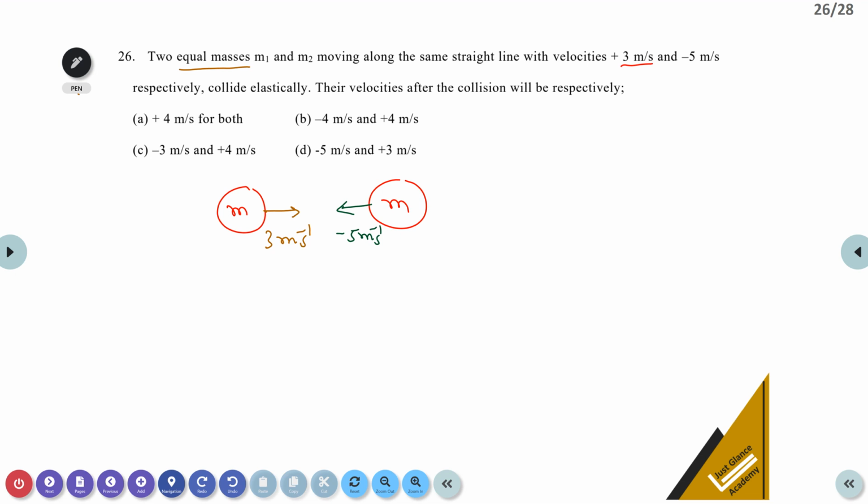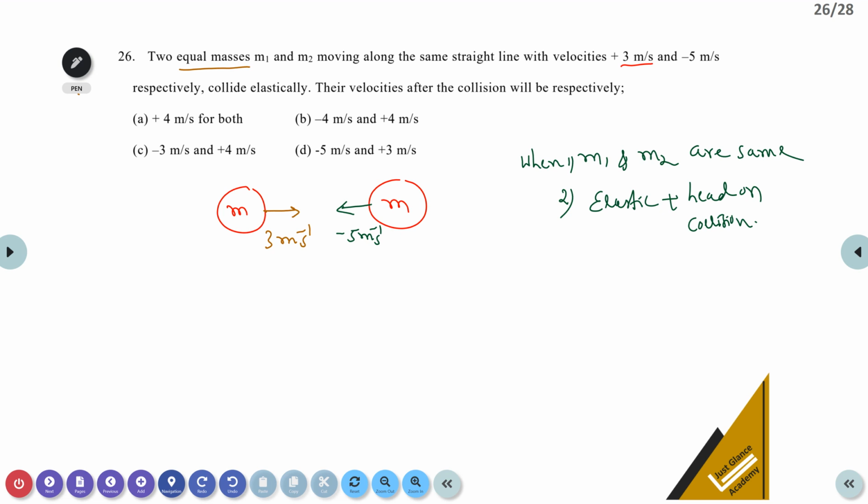Remember students, when m1 and m2 are the same, and the second point is that the collision is an elastic head-on collision, if these two conditions are satisfied, simply write that the velocities are exchanged.